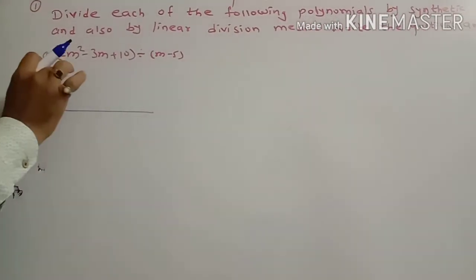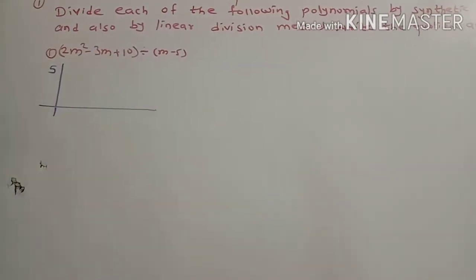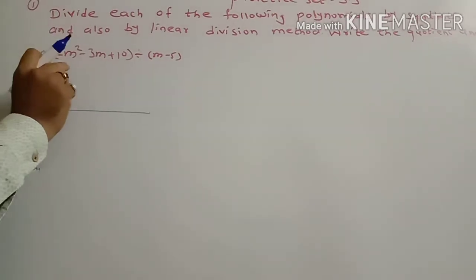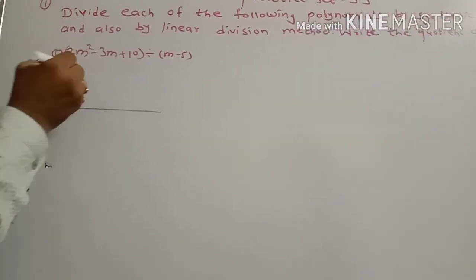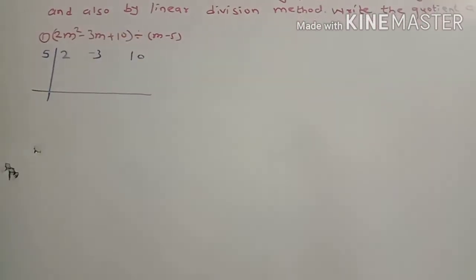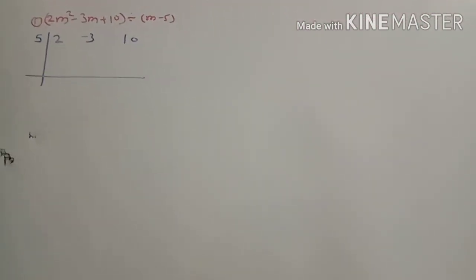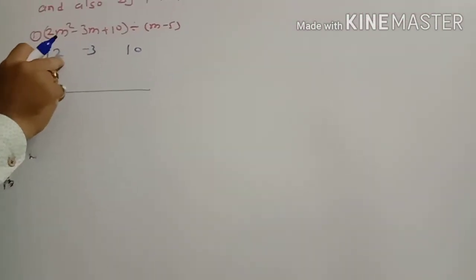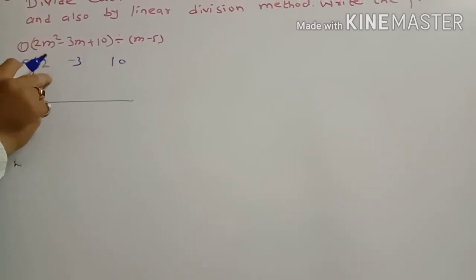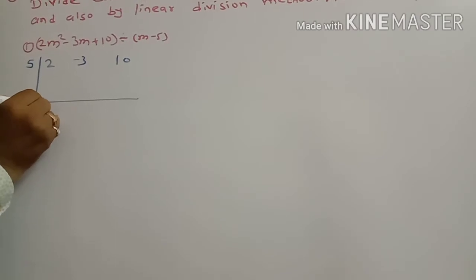Then in the first row, write the coefficients of the dividend, that is 2, then minus 3 and 10. Then write the first coefficient 2 as it is in the third row.